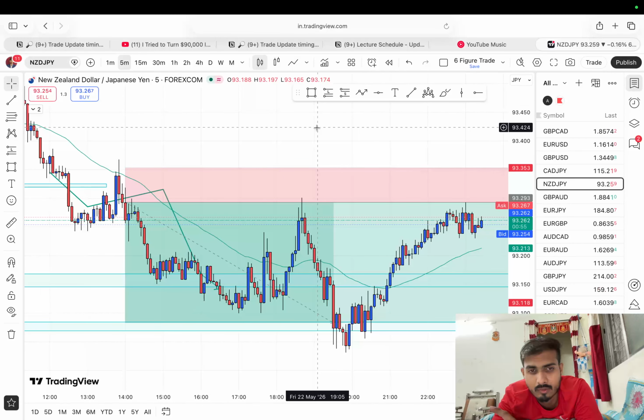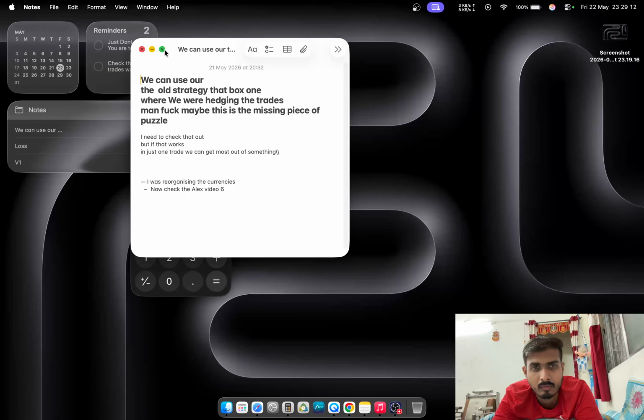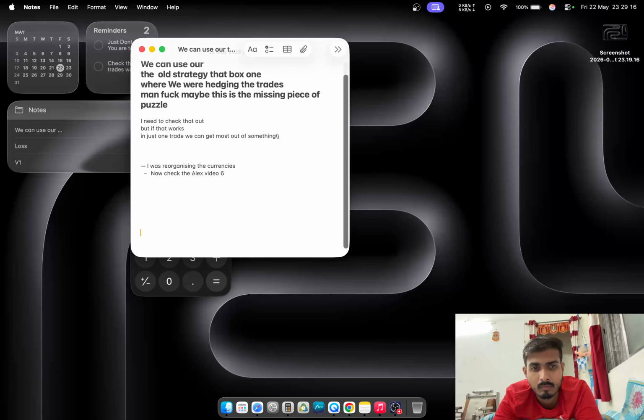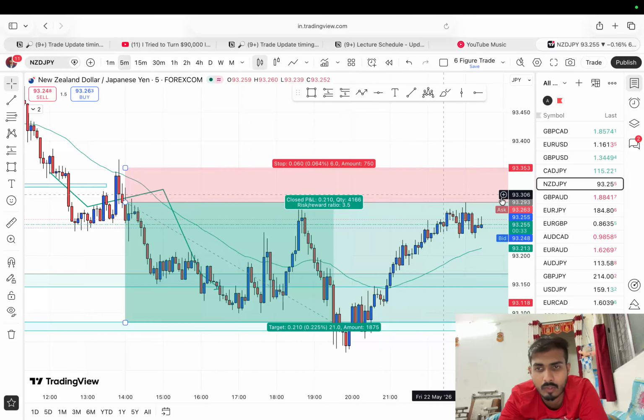Let's type it somewhere: minus 1 plus 3.5. This is our take profit, the risk reward ratio we got.